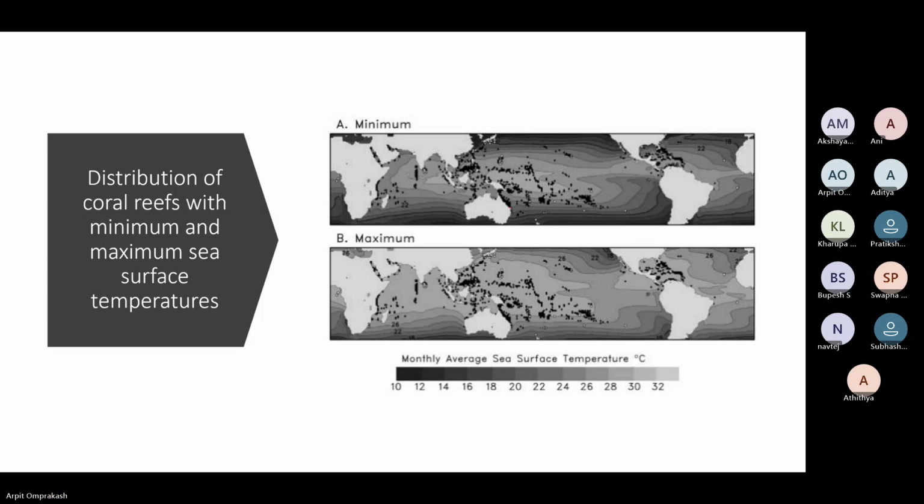We see that generally they are probably not able to tolerate these high temperatures, and that's why they are not found in these areas anywhere. And they generally are found in this contour, which probably has lower temperatures, closer to their natural body temperatures. Right.